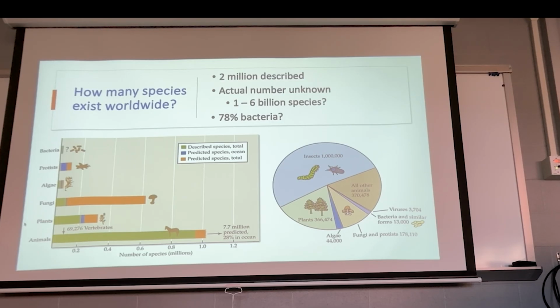Most of these 2 million described species are actual animals. 1 million of those, or half that number, are insects and spiders and mites. Arthropods is the group name, or the taxonomy name, you'll learn. We have about 1 million or more insects that have been described. All other animals are around the 400,000, 450,000 mark as far as individual species names.